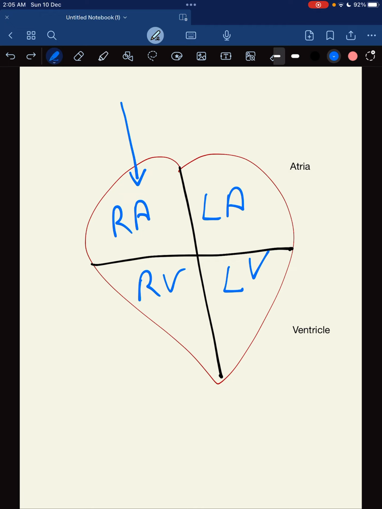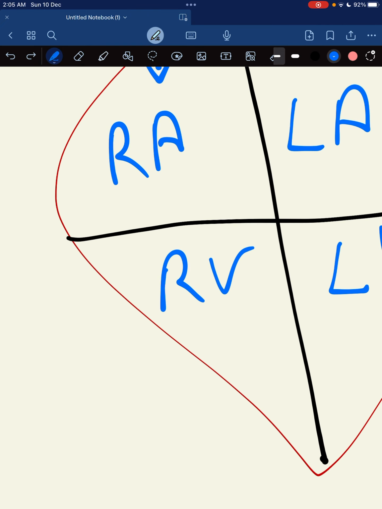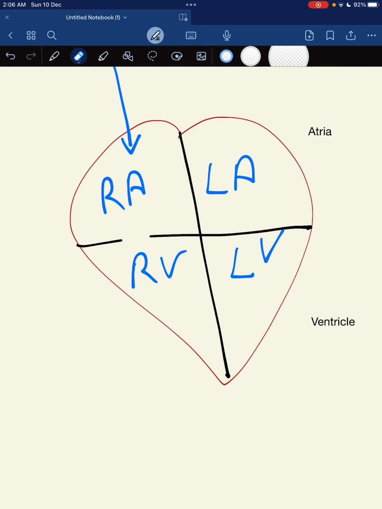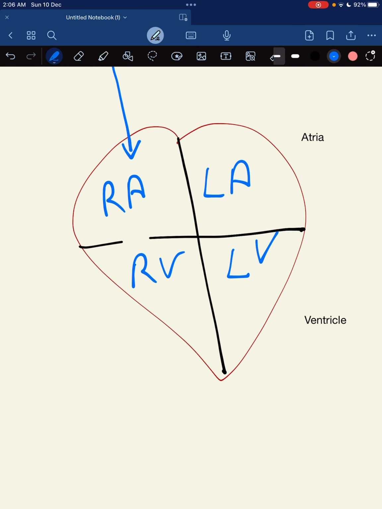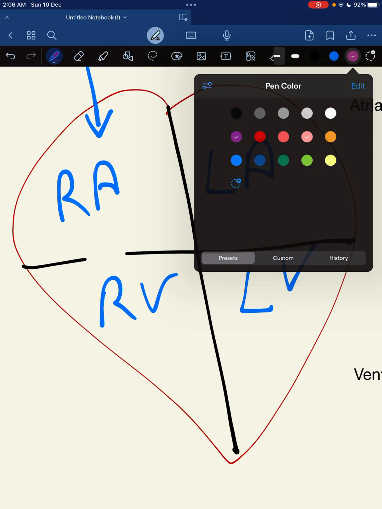It needs to go through a space. There is a space which has flaps that open and close. That is what we call a valve. So between the right atrium and right ventricle there are flaps. Let's make the flaps with the purple color.